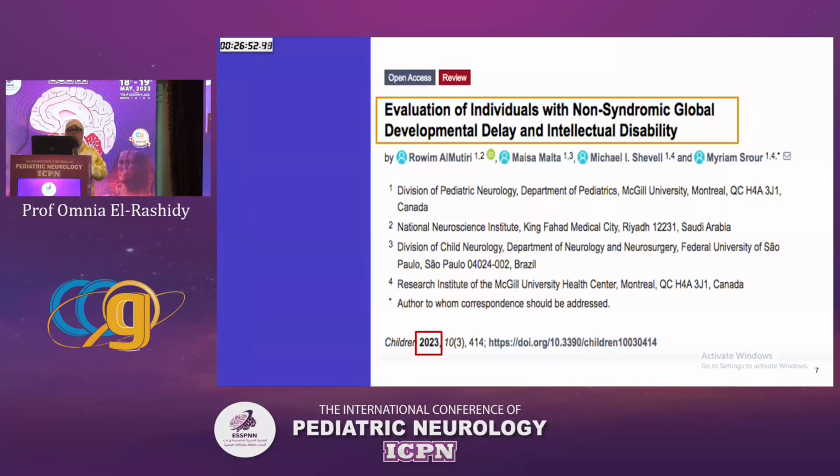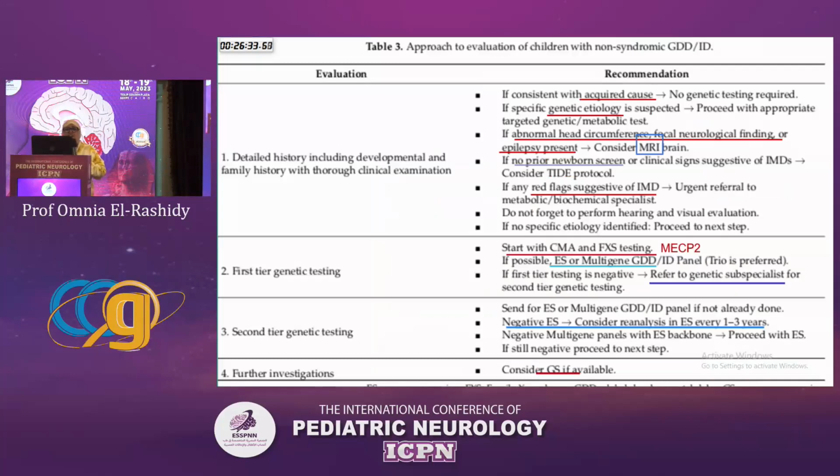This paper from 2023 is about the evaluation of children with non-syndromic global developmental delay and intellectual disability. What is the algorithm? The child has nothing in the examination, nothing in the history. How do I go in my investigation? Detailed history is very, very important to exclude acquired causes.